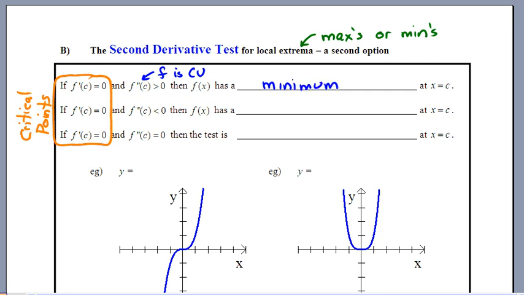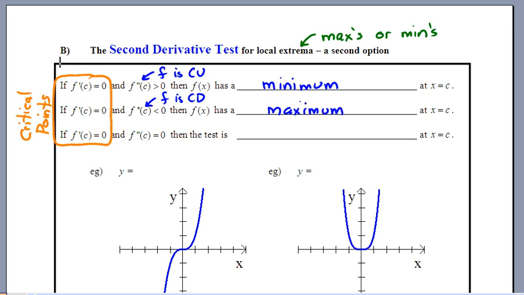Think of the bottom of a parabola. It's a flat spot, and the parabola itself is bent upwards. You're going to have a minimum there. This next one says, if the second derivative is negative, in other words, f is concave down, then you'd have a maximum.